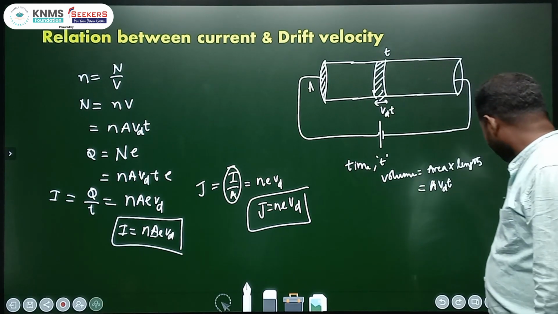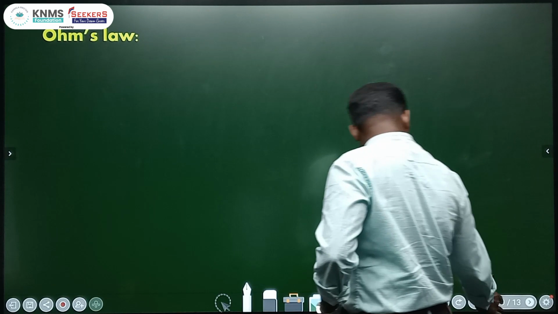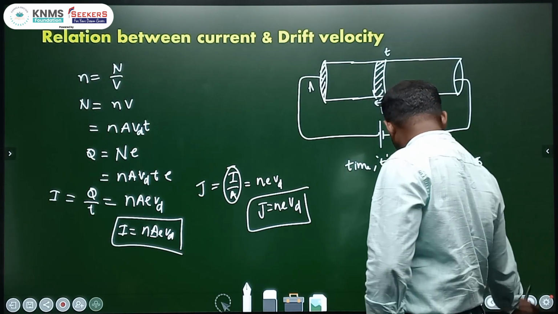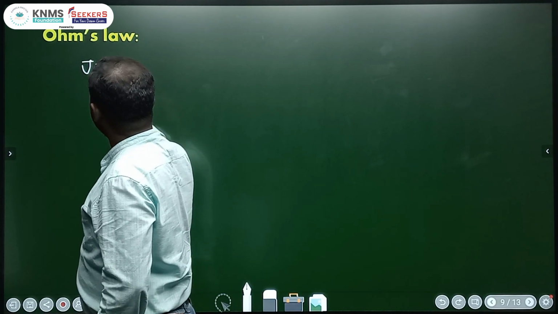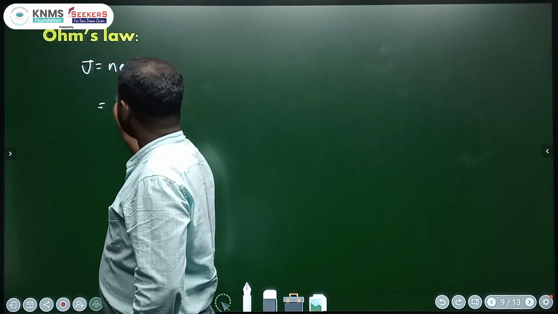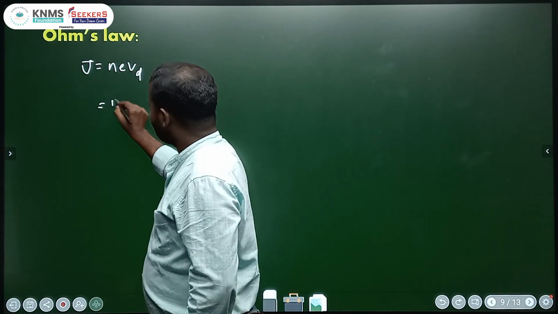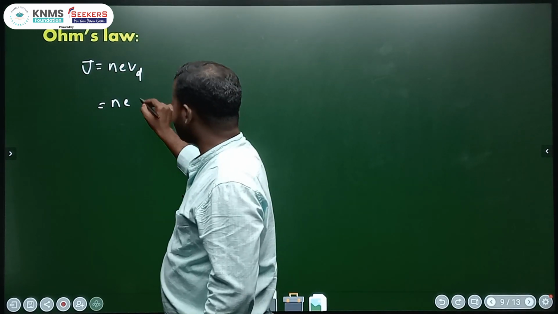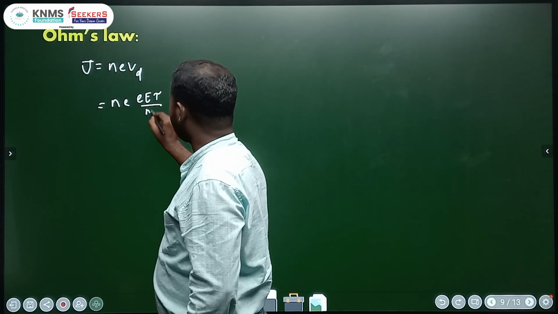Right. Now let us talk about Ohm's law. Just now we have seen that J is equal to neVd. You have seen that drift velocity Vd is equal to E tau upon m.